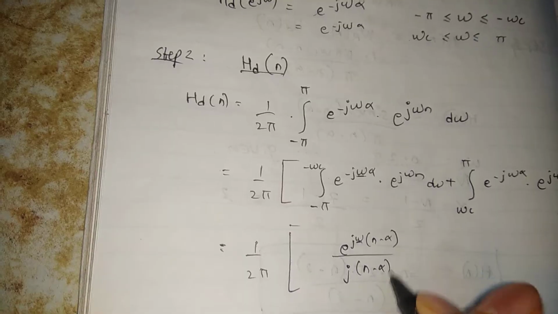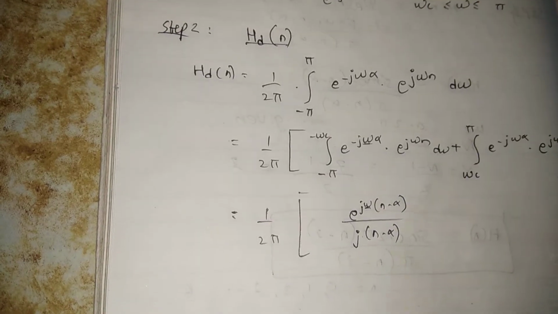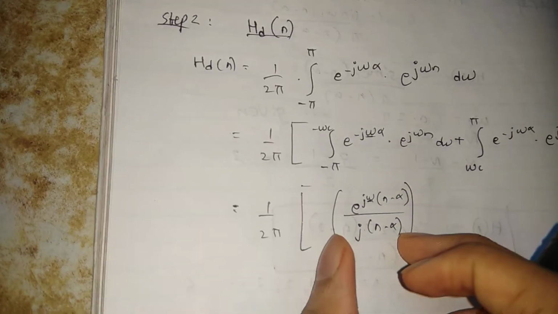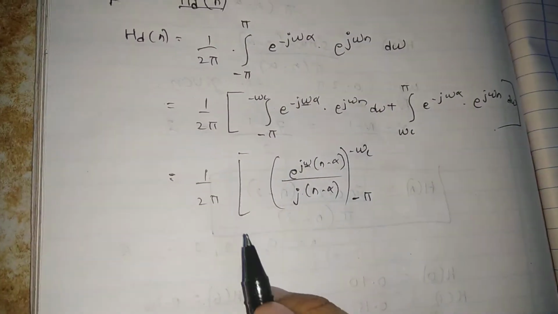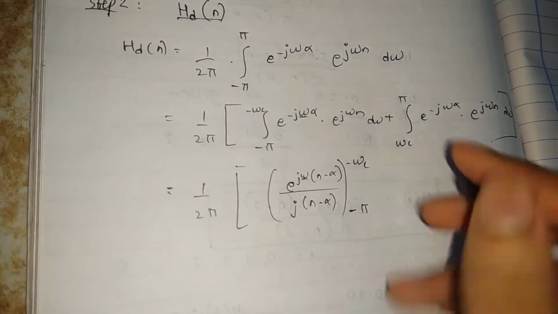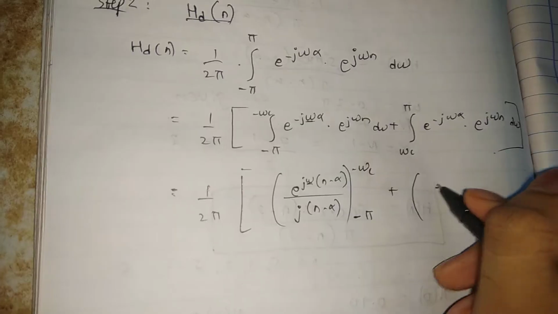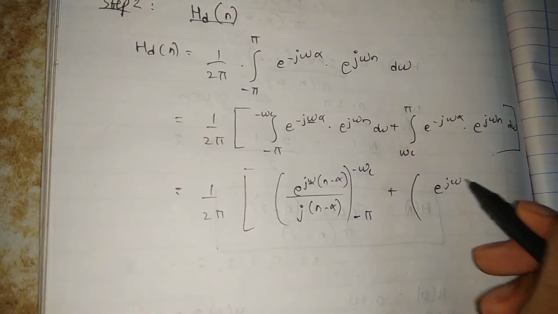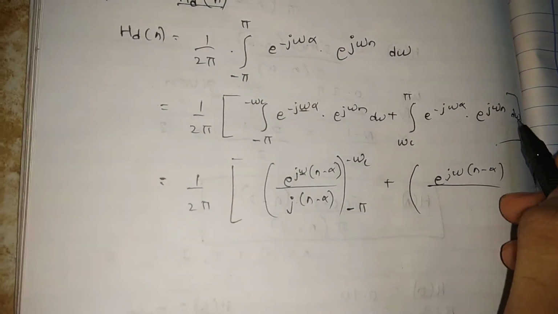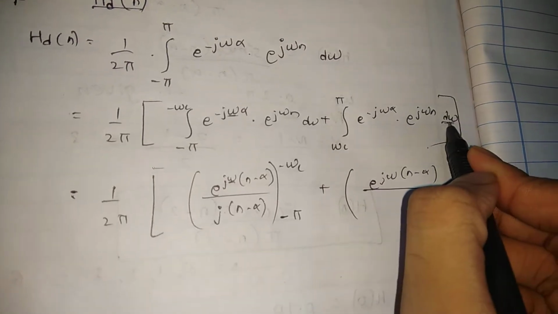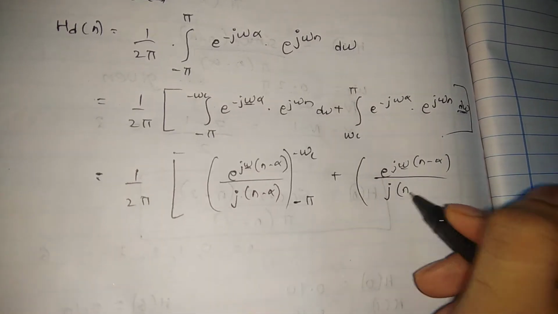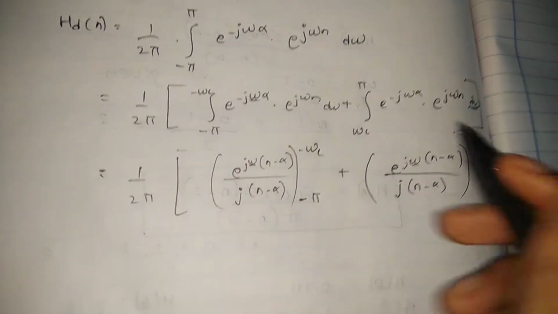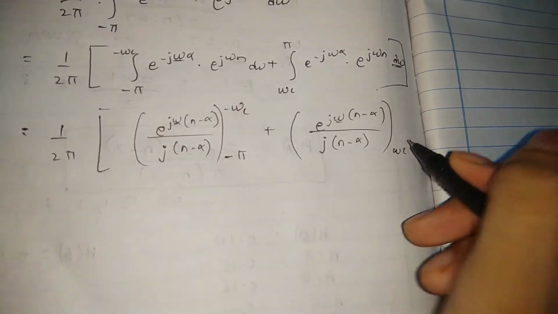Then the range is minus pi to minus omega c. Plus, we write this also: e raised to j omega (n minus alpha) upon j (n minus alpha), with the limit omega c to pi. Close the bracket. We are done with this.